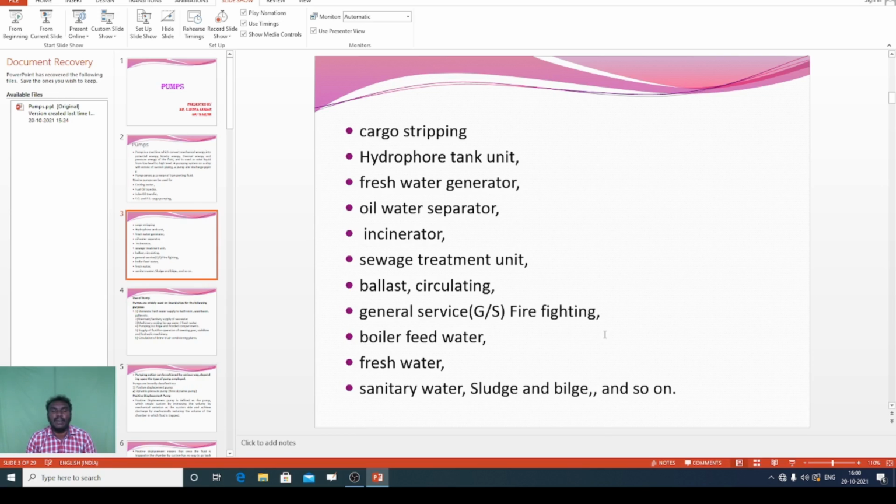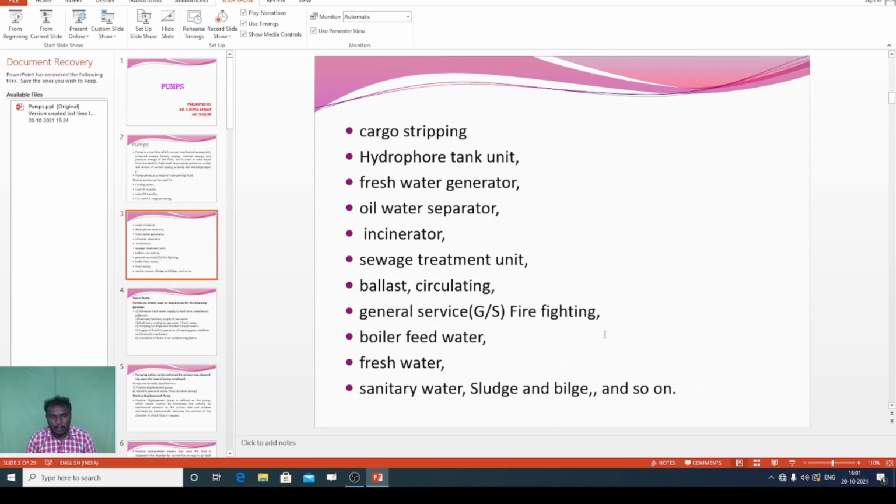Then the oil water separator, where we have to separate the oil from the water; pumps are used there too. Then the incinerator, the sewage treatment unit, ballast and circulating pumps, general services and firefighting also use pumps. Then boiler feed water, fresh water generator usage, sanitary water, sludge and bilges, and so on.